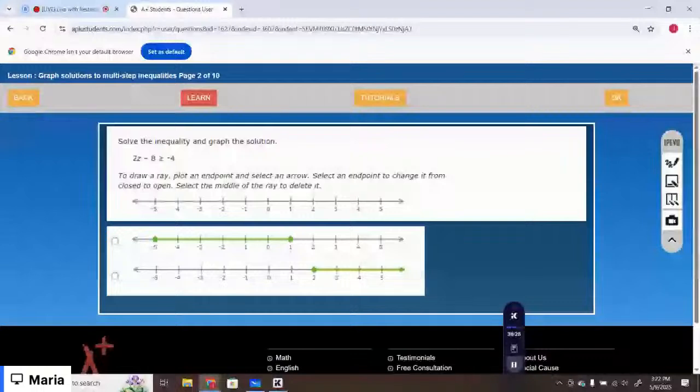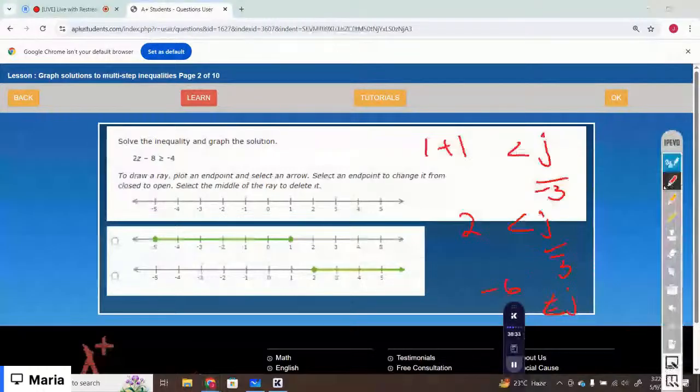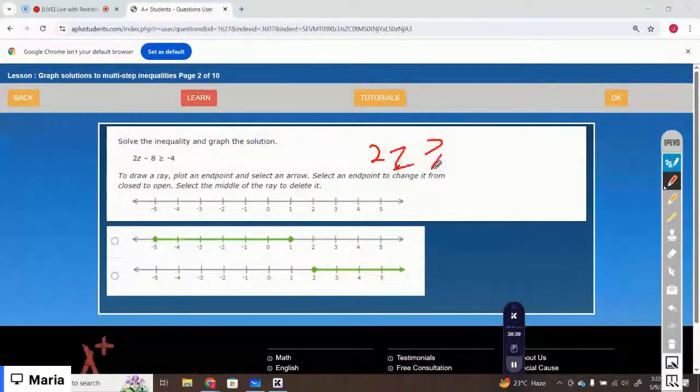Solve the inequality and graph the solution. 2z minus 8 is greater than equal to negative 4. So add 8 both sides. Then 2z is greater than equal to 4. Divide both sides by 2. So z is greater than equal to 2. So all the numbers that are greater than 2 is the solution of the inequality.